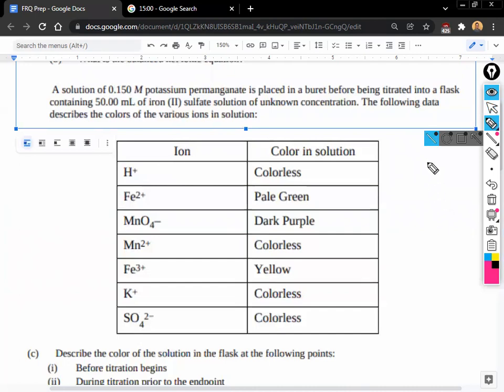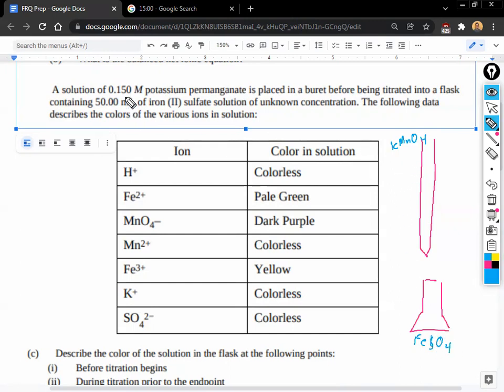Now, I'm going to draw a picture real quick just so you guys can visualize, but you remember when we did the titrations, right? We have that long burette and it goes into the flask. Now, what this is telling us is that we have potassium permanganate in the burette, so KMnO4, and then we're dropping it into FeSO4.